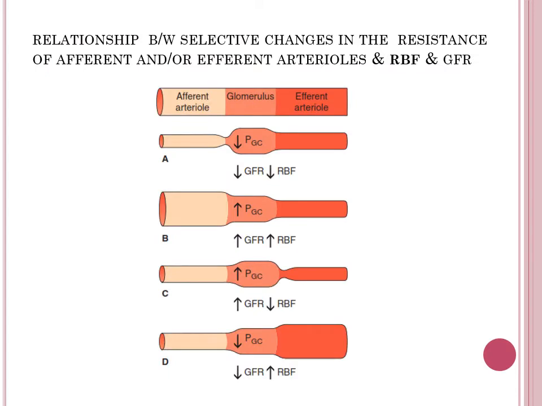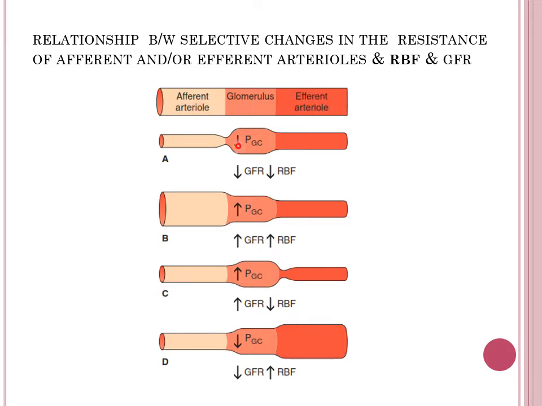Before going to the regulation, just look at this picture. It shows the relationship between changes in the resistance of the afferent and efferent arterioles, which ultimately decide the renal blood flow and the glomerular filtration rate. Suppose this is the glomerulus, the initial portion of the nephron, where the afferent arterioles are entering and the efferent arterioles are leaving.